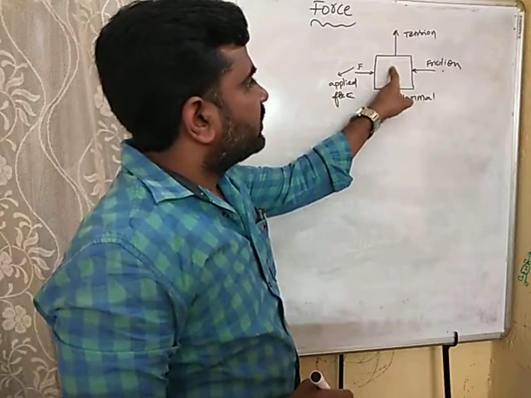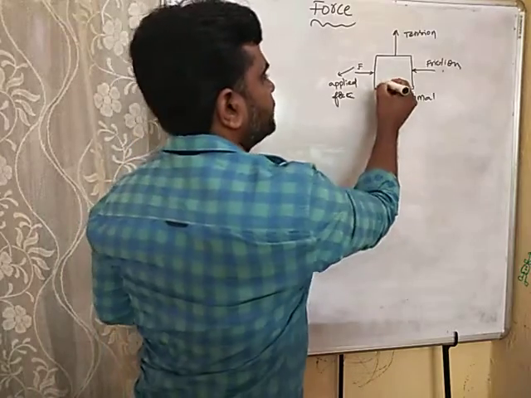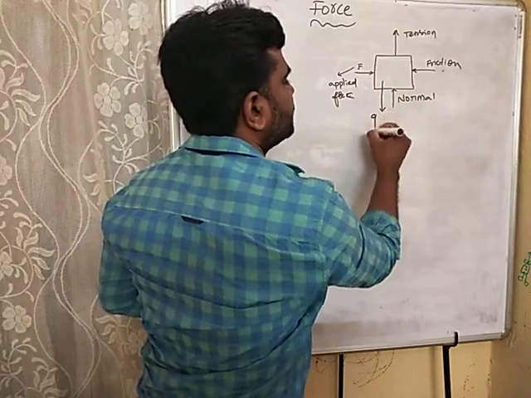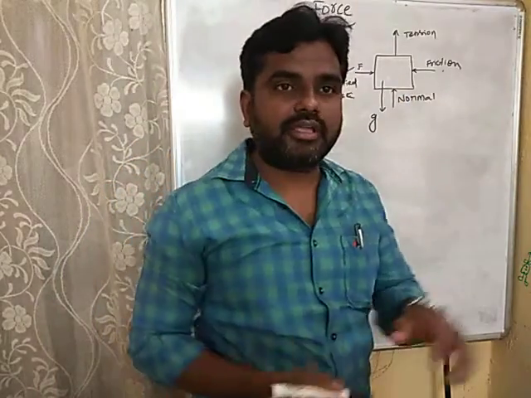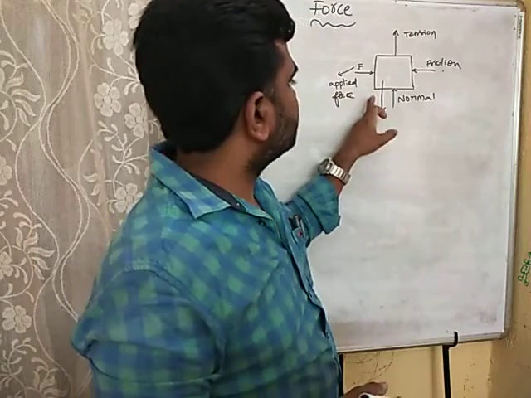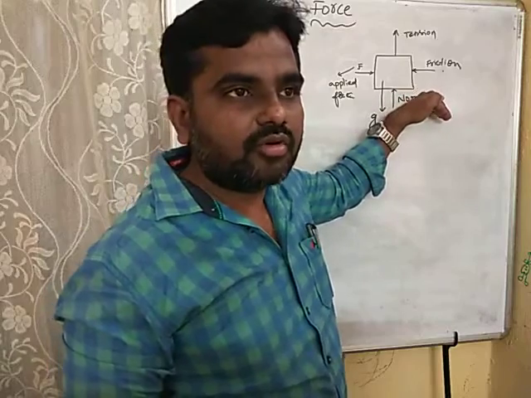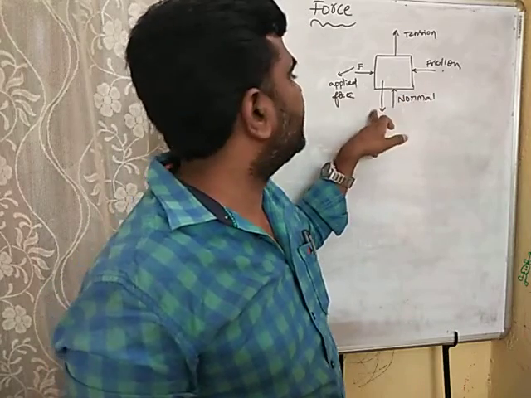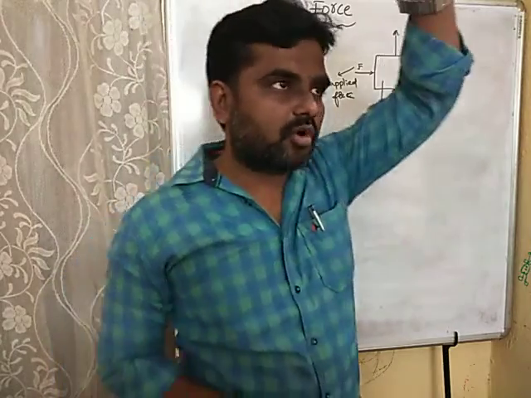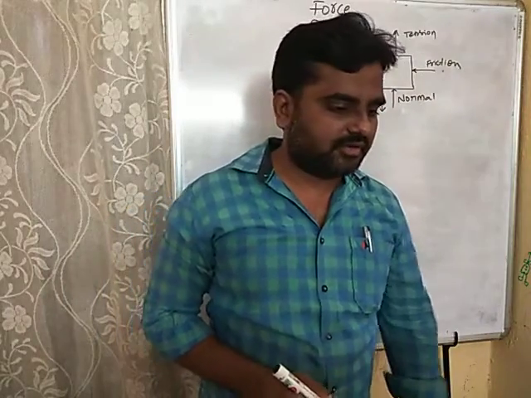And there is another force which always acts, that is gravitational force, which always pulls the body towards the ground, which is exactly opposite to the normal force. If there is no normal force, then immediately due to the gravitational force all the bodies will fall. That's what we have learned.